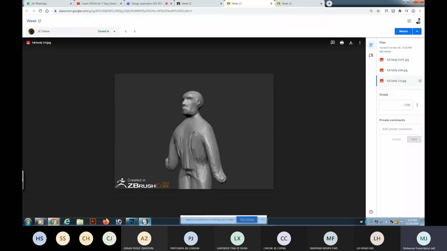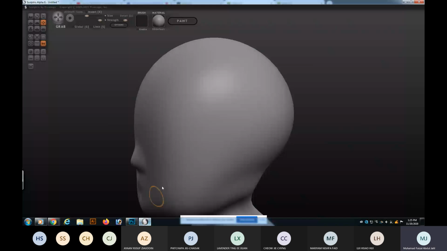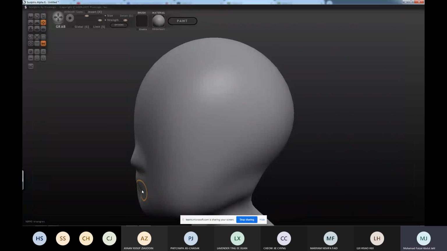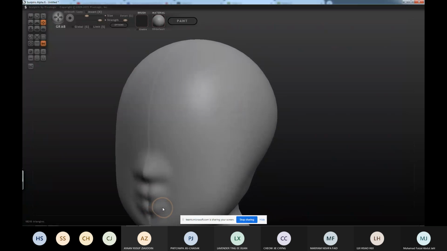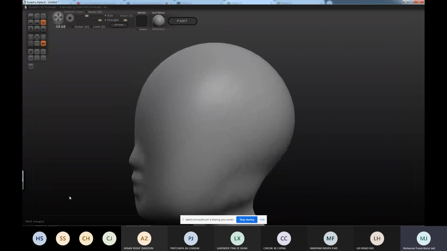So try to spend a bit more time to work on it and understand the tools first. Or whatever you have in mind when you model them, just play with it.